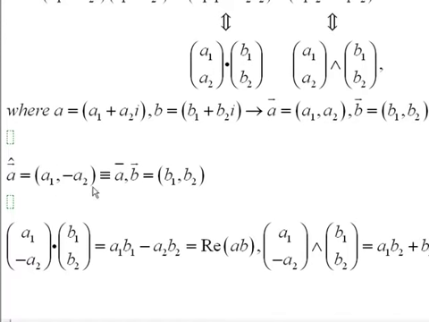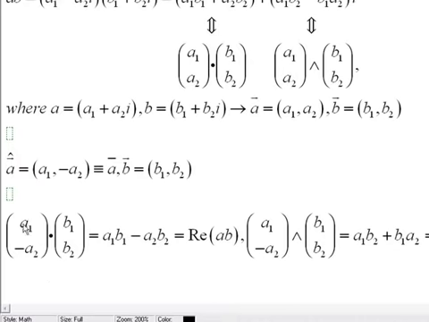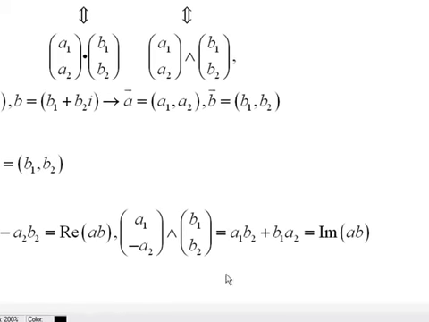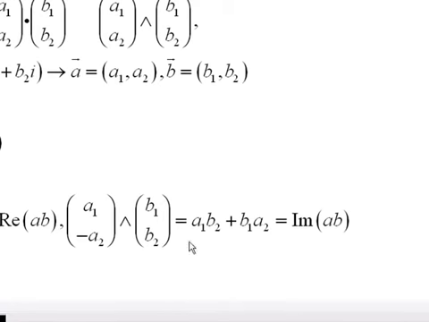The second component is negated, which corresponds to the conjugate of the complex number A. Down here, if we take the negative of the second component of the first complex number or the corresponding vector, we end up finding that that is going to be equal to the real portion of the original complex numbers A and B. Likewise, if we take the negative of the second component of the first vector and take the wedge or outer product of it, we find out that we come up with a component-wise manifestation of the imaginary portion of the complex product A-B.